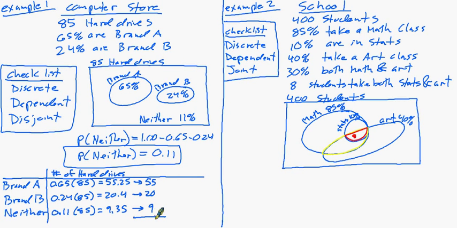But let's just do a little check here. If we add these together, we get 84, not 85 the way we're supposed to. Well, that's a round-off error, which with discrete variables, because you have to round them, can sometimes happen.